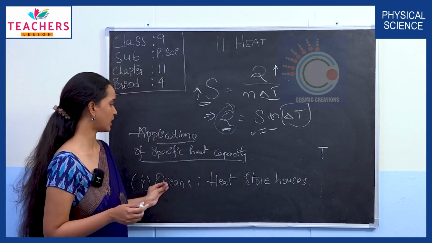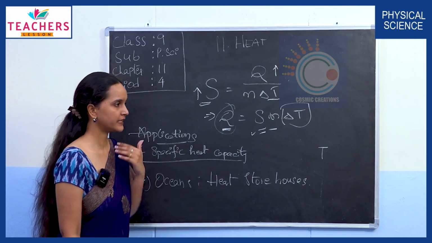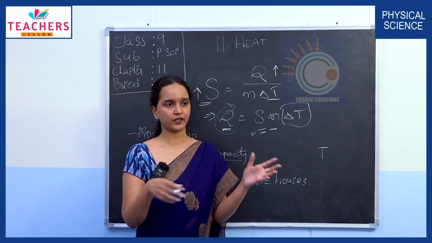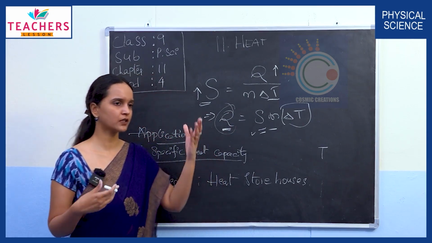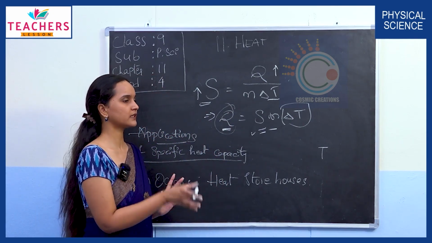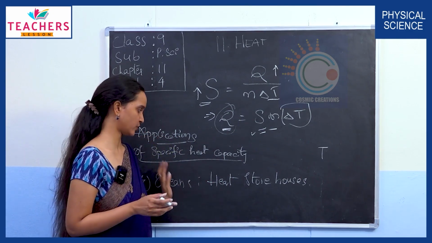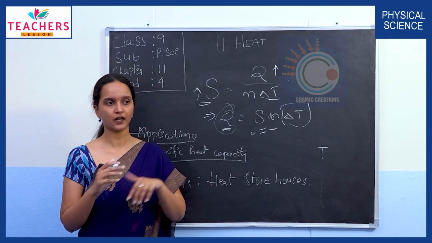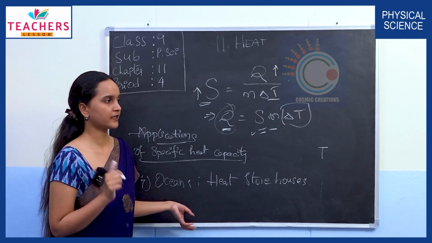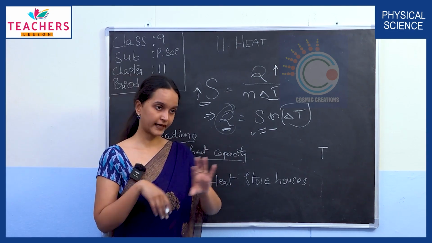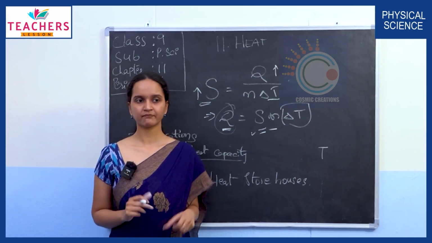Correct? And that's why we call oceans heat storehouses. Now what happens to this heat? This heat is transported away from the equator by the water, to the poles. And there also the climate is moderated by the heat absorbed by ocean water and transported away from the equator. This way ocean water moderates the weather and climate at the equator and also near the poles. Understand?